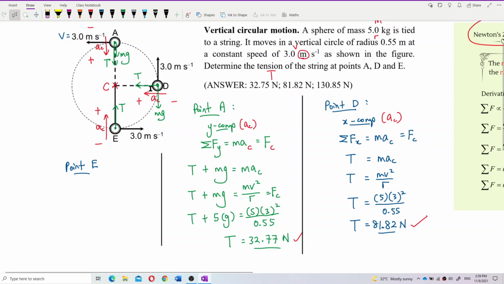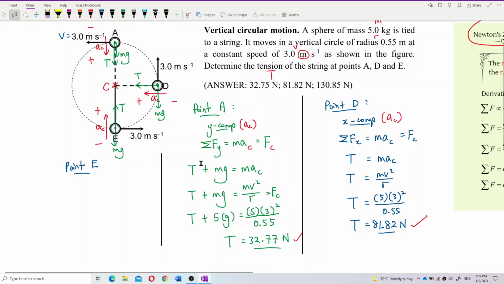The string only pulls, never pushes. And then the weight of the ball is going downward, mg.